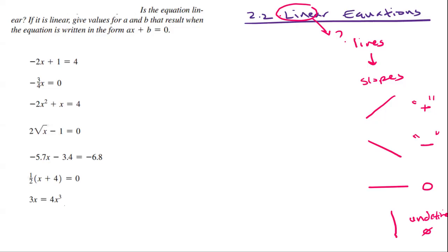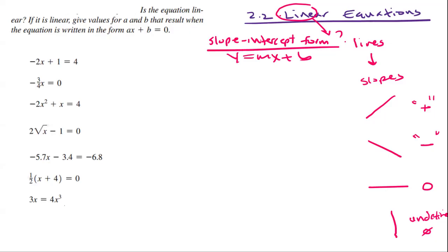As I alluded to, the slopes are derived from what? y is equal to mx plus b, correct? This is the slope intercept form.